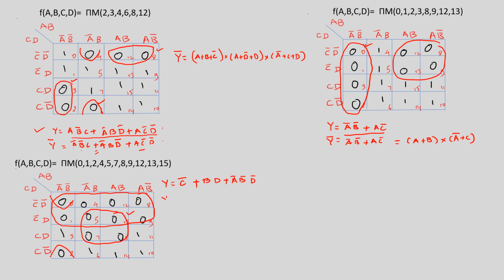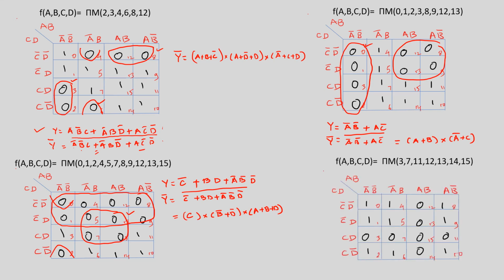Now in POS we have to complement. This is BD plus A bar, B bar, D bar, whole bar here. So answer is finally C into B bar plus D bar into A plus B plus D. Go for the last example.